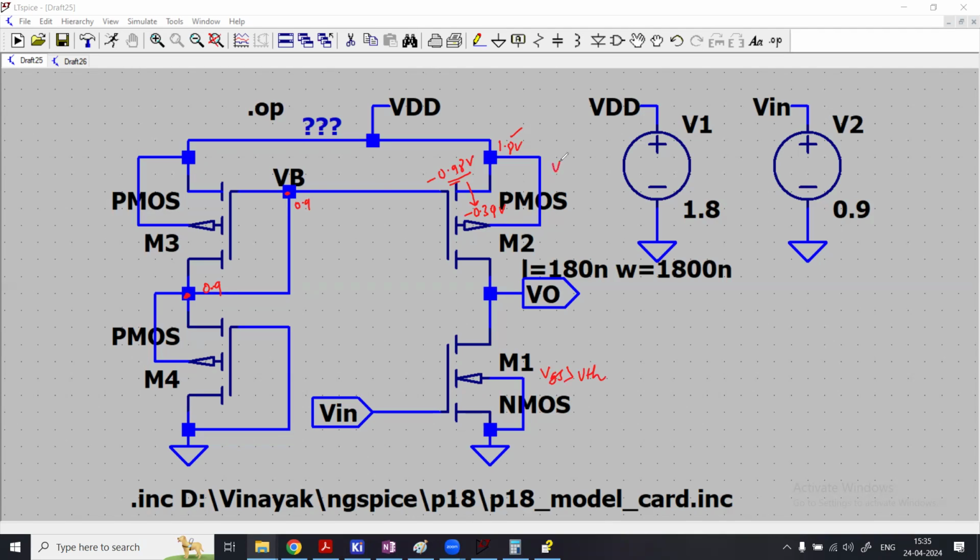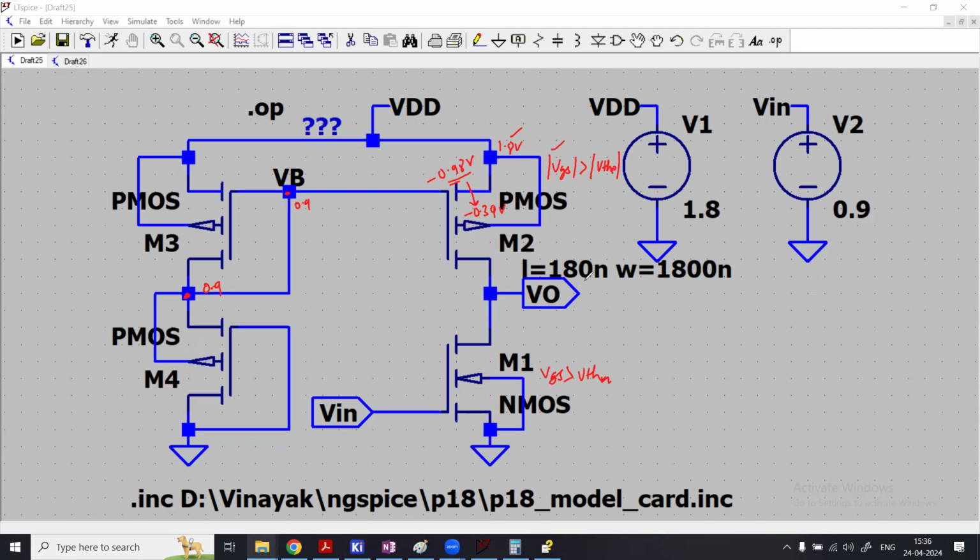So here also we'll say that VGS is greater than VTHP, here VTHN. Just see the magnitude here. We are taking the magnitude, so the negative signs can be ignored.